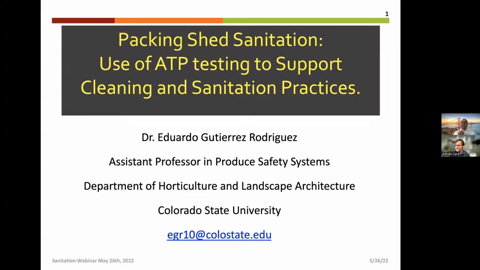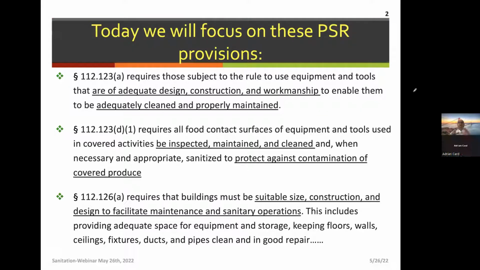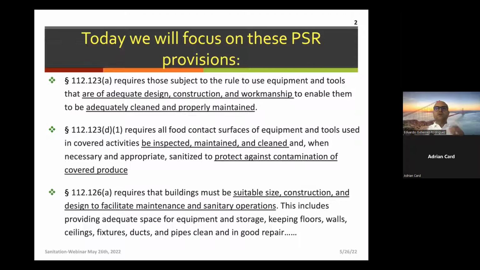Like Adrian was saying, the goal is to touch base a little bit on packing shed sanitation and ATP testing. So I want to frame us all as to why we are here and where we are. Today we're going to focus on 3 main aspects within the produce safety rule. One of them is that it requires either open or closed facilities to have adequate design, construction, and workmanship.